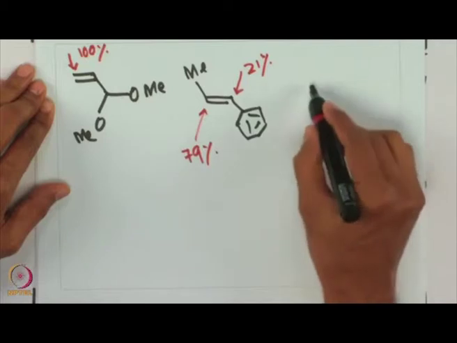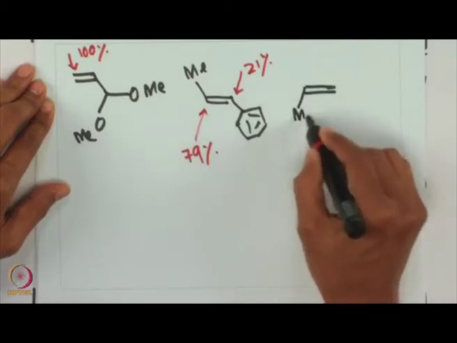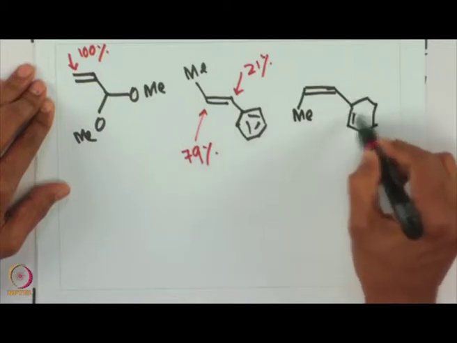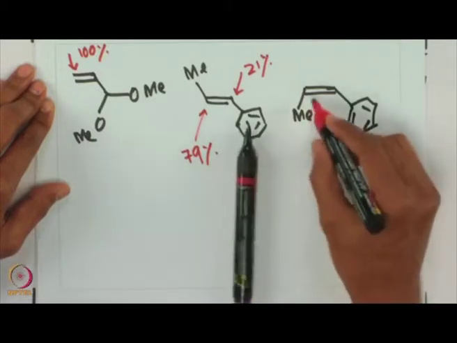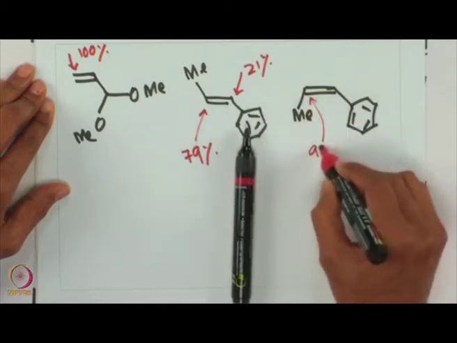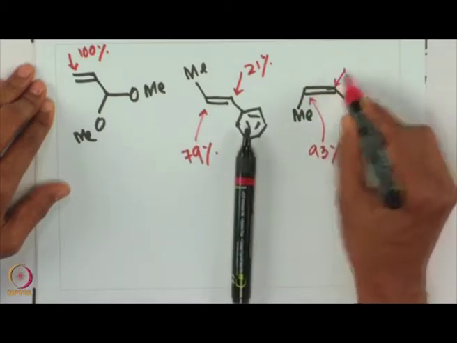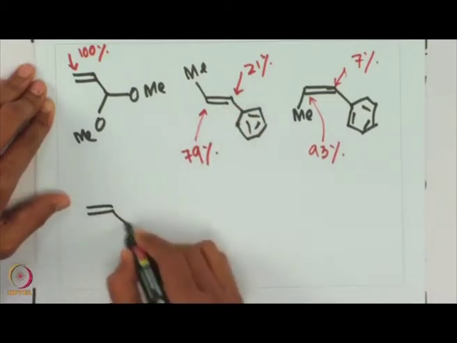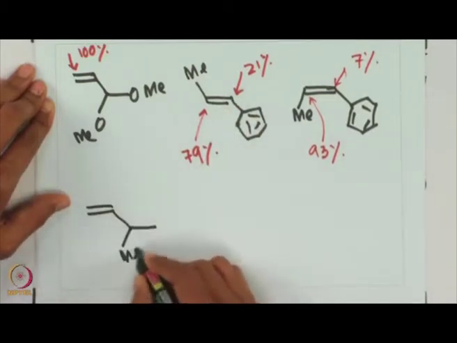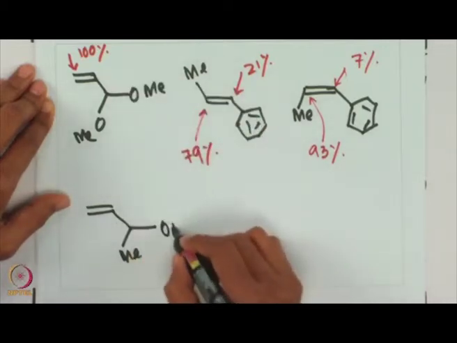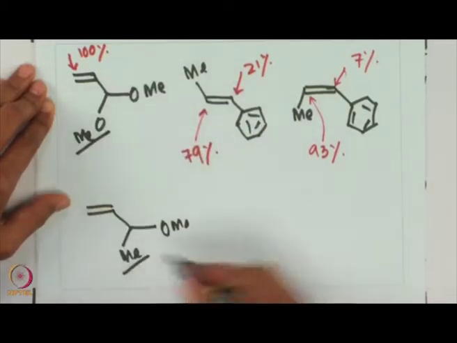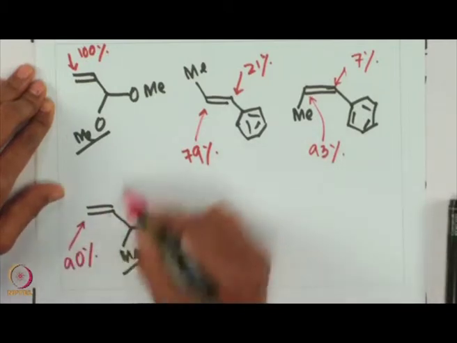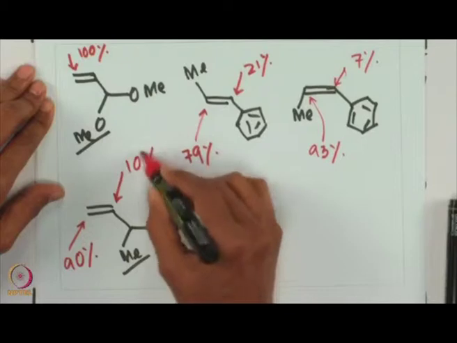If you have on the other hand the cis one, then we have a slightly different selectivity: over here we have 93% and over here we have 7%. And if we have a further substituted one, similar to this but now with methyl with respect to this one, we get 90% selectivity for this site and 10% for this site.